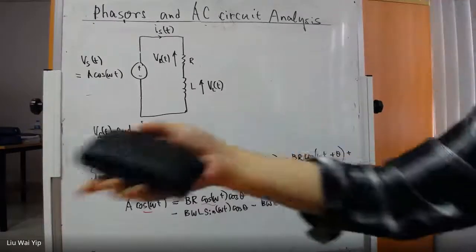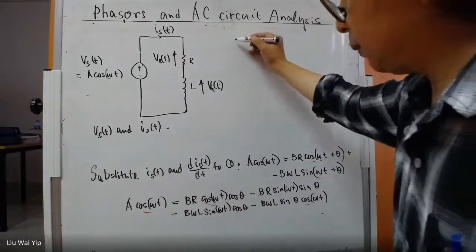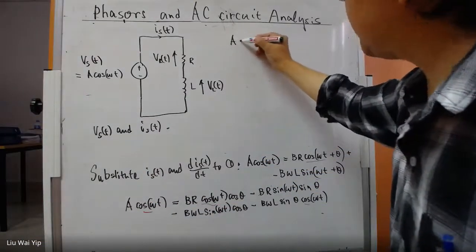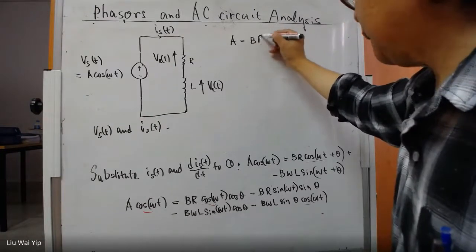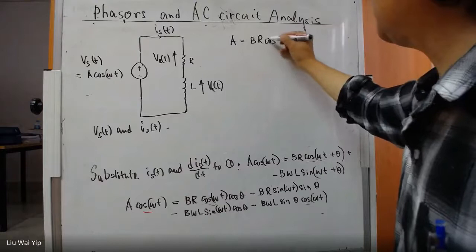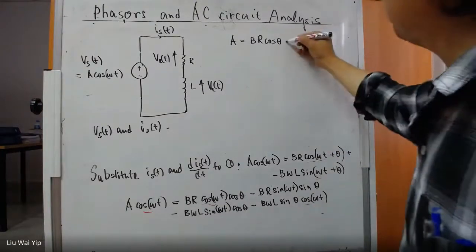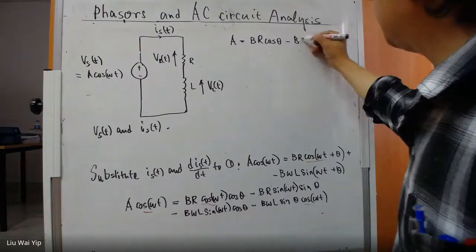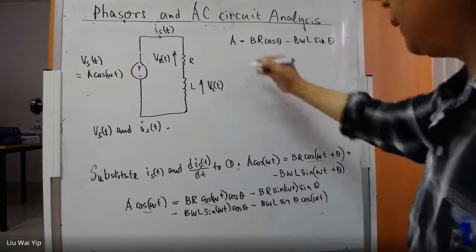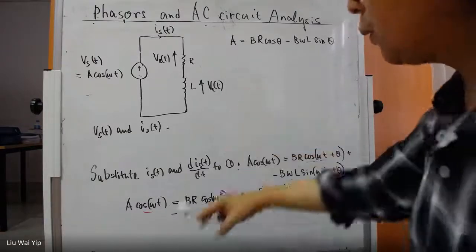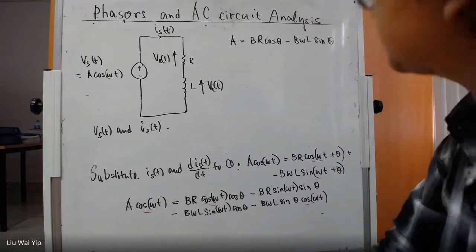So if I do it here, then I will end up with two equations. The first one is going to be B R cos theta minus B omega L sine theta. And then we are going to equate the coefficient for sine omega t.